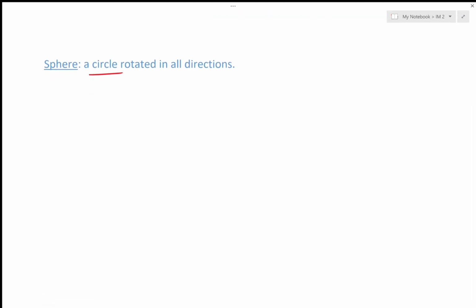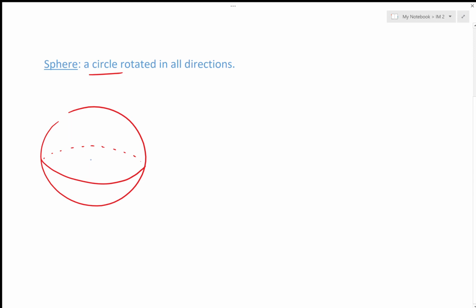All right, so if we're giving you a little picture here, if you want to make this in 3D, you just make yourself a circle, and then this imagery right here just kind of creates it in 3D, gives it some dimensions. And just like on a circle, there's the center of this entire sphere. And on a circle, anywhere from the middle to the edge of the circle is called the radius.